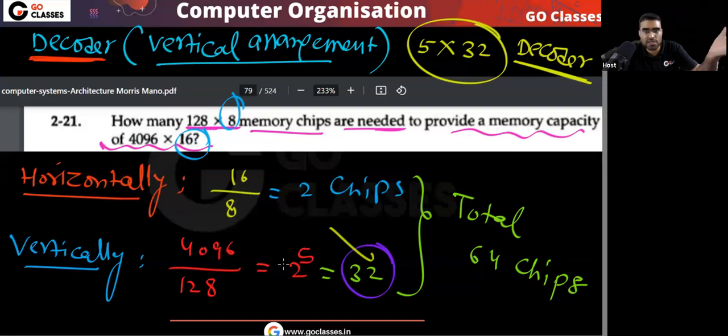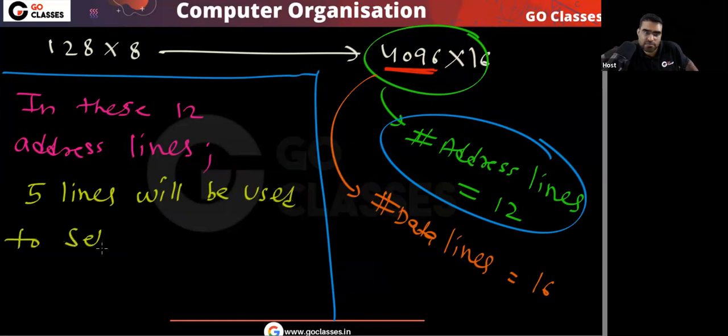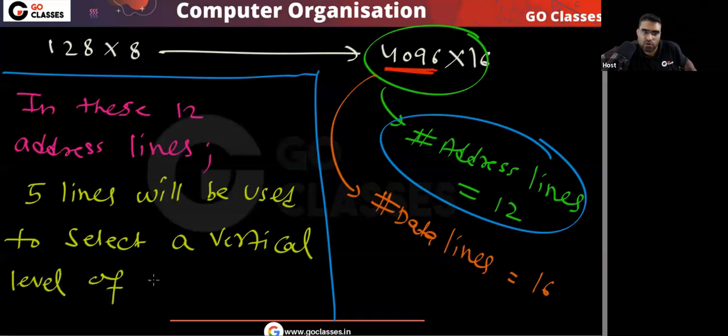One of them you have to choose. Yes or no? So in these 12 address lines, 5 lines will be used to select a vertical level of chips. So like this, you can solve these types of questions.